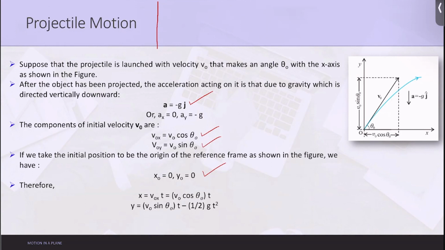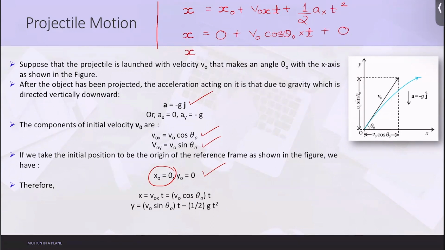So let us say we are talking about the x-axis first. We know x is equal to x naught plus v naught x t plus half a x t square. We know the initial displacement is 0, so this is equal to 0 plus v naught x, which is v naught cos theta naught, into time, plus, we know the initial acceleration value in the x direction is 0, so this will be 0.